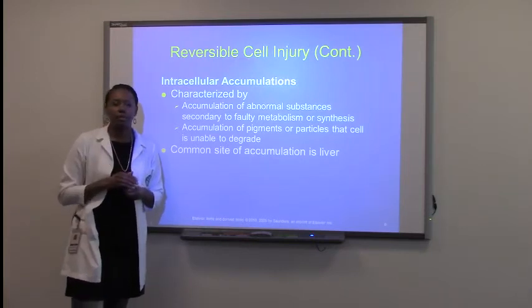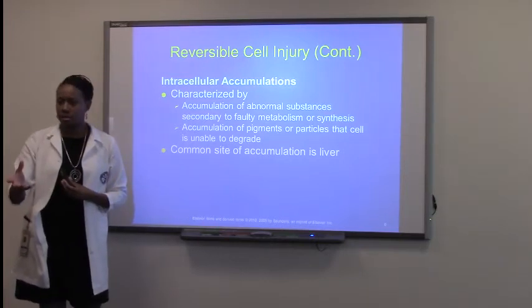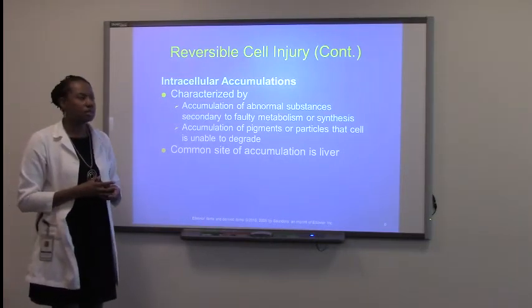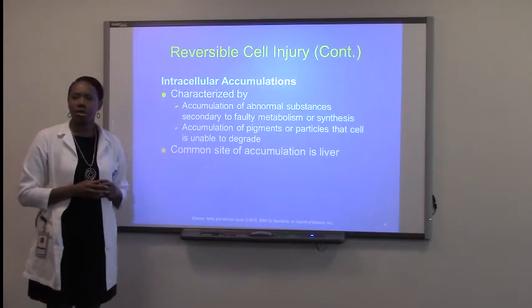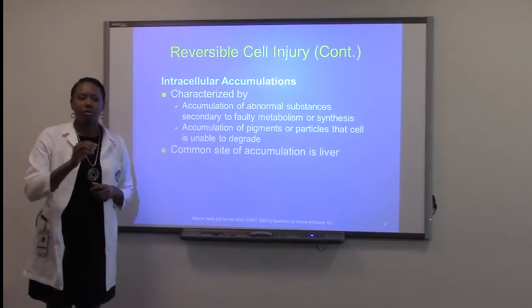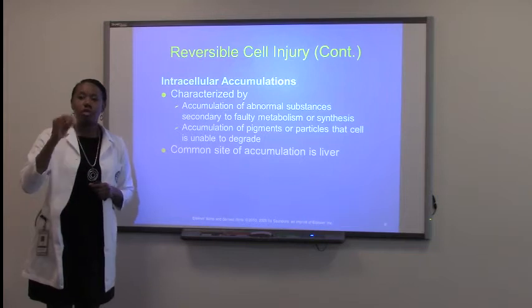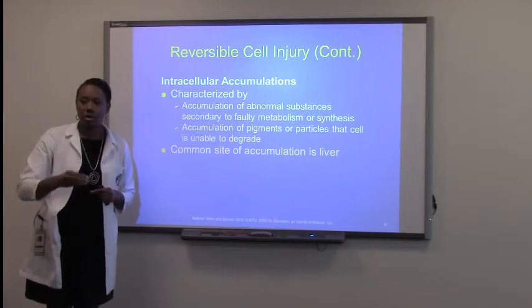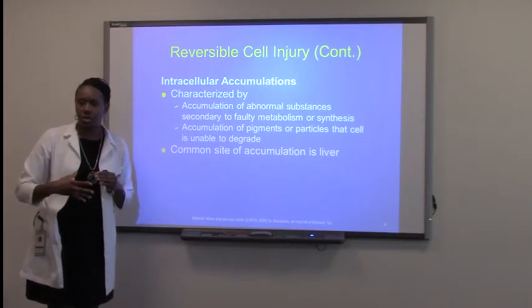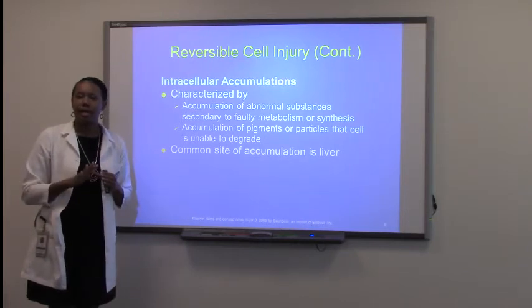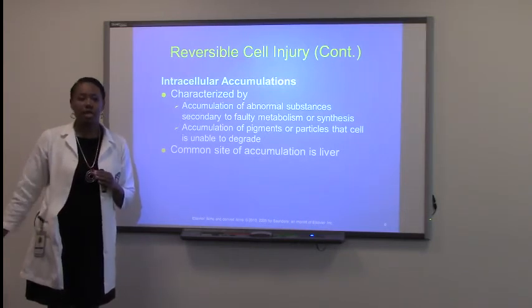What happens now is, say for example, with alcoholics, the liver is focusing so much on the alcohol and going into a detoxification process continuously that the lipid metabolism goes secondary.